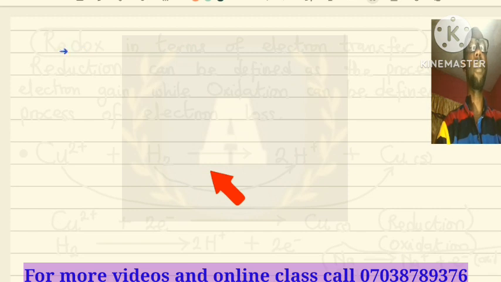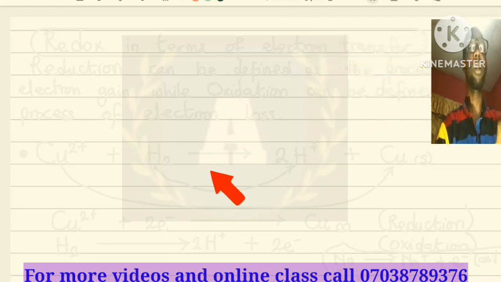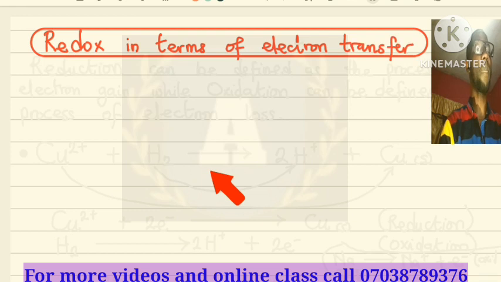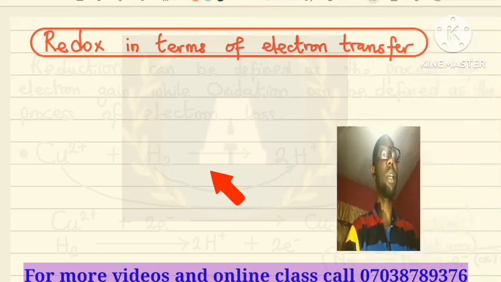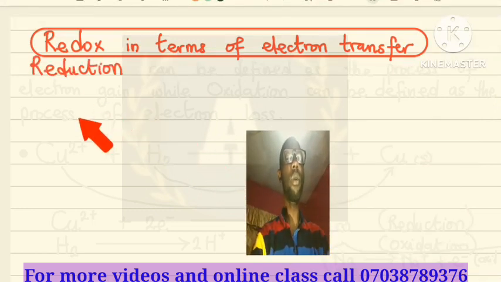Now the third definition of oxidation and reduction is in terms of electron transfer. What do we have?